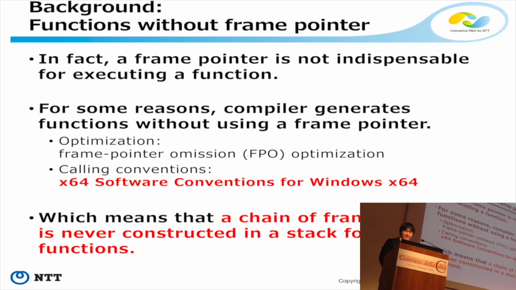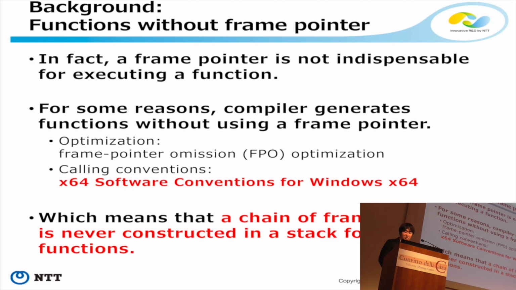However, in fact, a frame pointer is not indispensable for executing a function. For some reasons, the compiler generates functions without using a frame pointer. For example, there are some optimization techniques such as frame pointer omission, the FPO option.